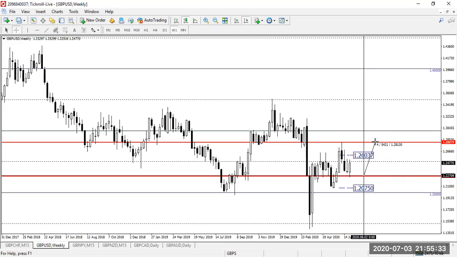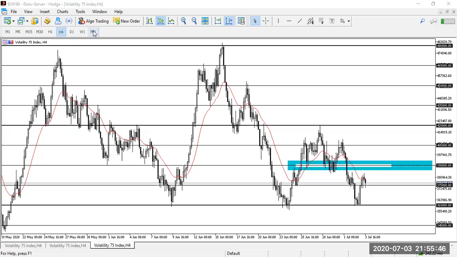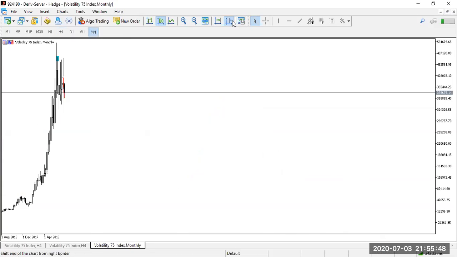Let me do indices now. Share indices. Okay, this is indices on the monthly time frame.